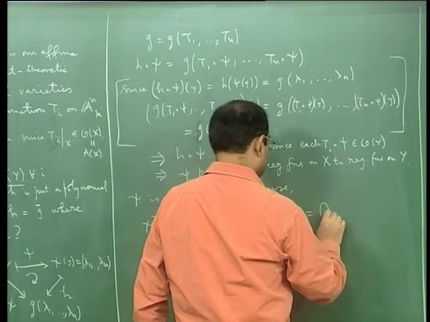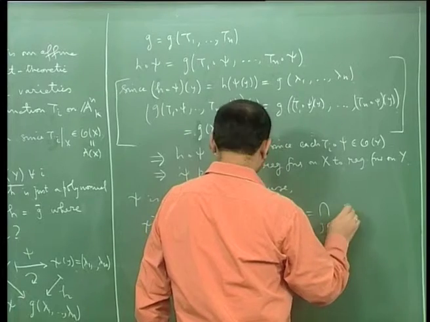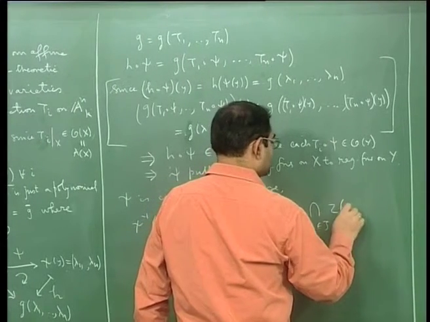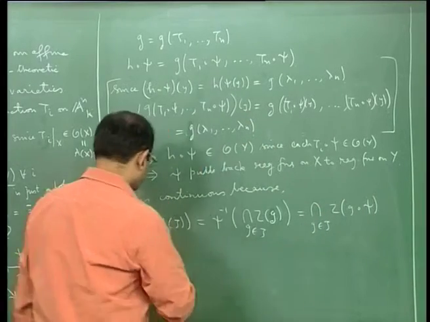This is the intersection over g belongs to j of z of g circle psi, which is closed in y.